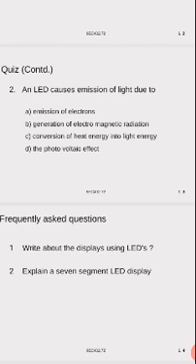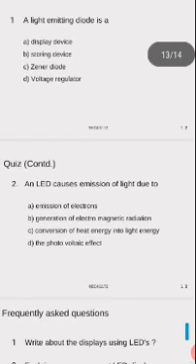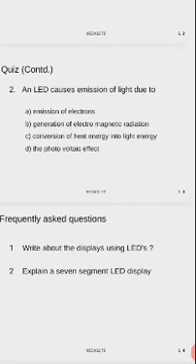And the VI characteristics of an LED are similar to the ordinary diode. Below the cut-in voltage, it cannot conduct, it cannot radiate energy or light, it cannot emit the light to the outside. So, we need to give more than the cut-in voltage.